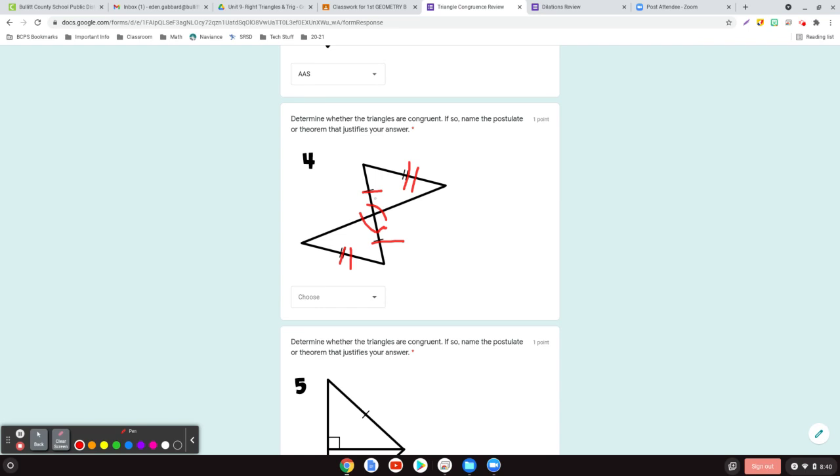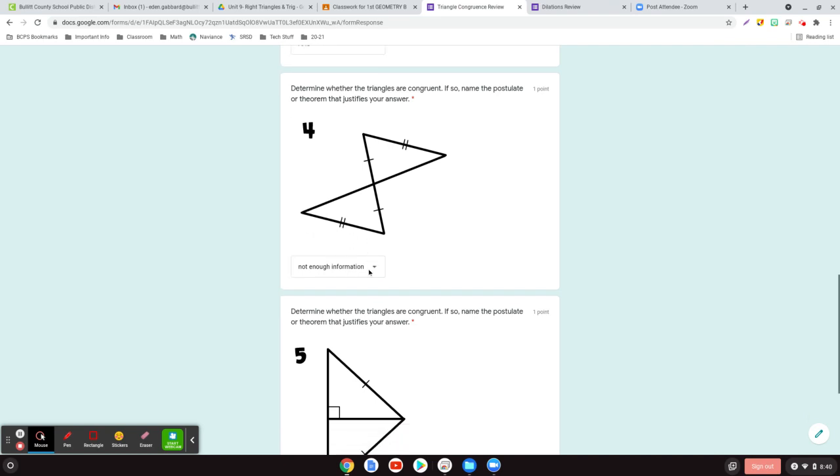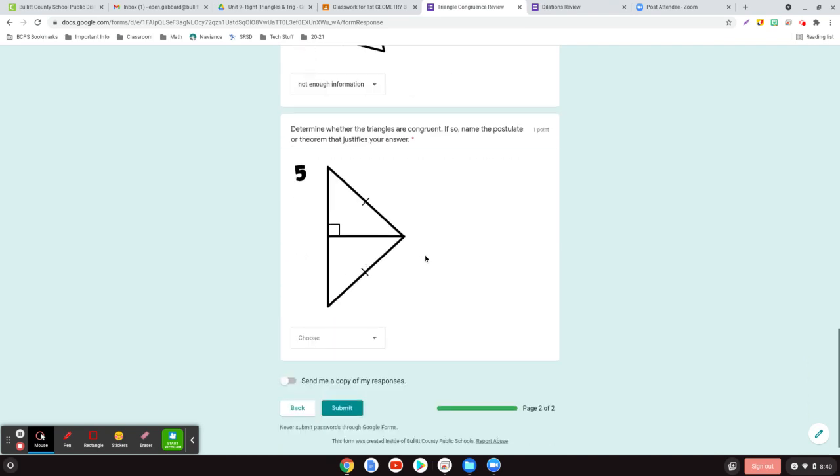Do we have a postulate that talks about 2 congruent sides and a not included angle? Nope. We are all out of luck there. So on number 4, let me clear this off. We don't have enough information, because we need to have 2 angles and a side, or 2 sides and an included angle. Unfortunately, what they gave us here is not enough information.